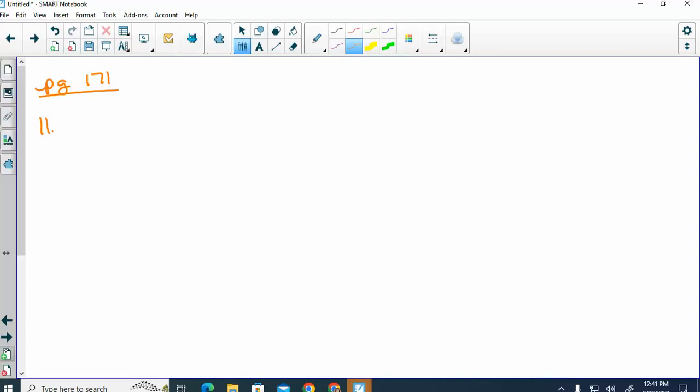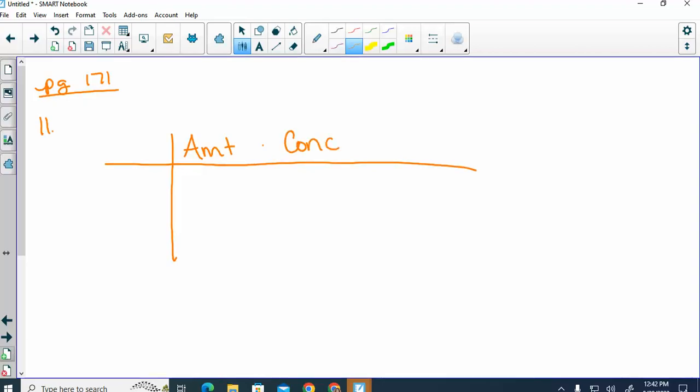So, what do we need to do here? Right, make our chart. And what formula do we put across the top? Amount times concentration, amount pure or something.